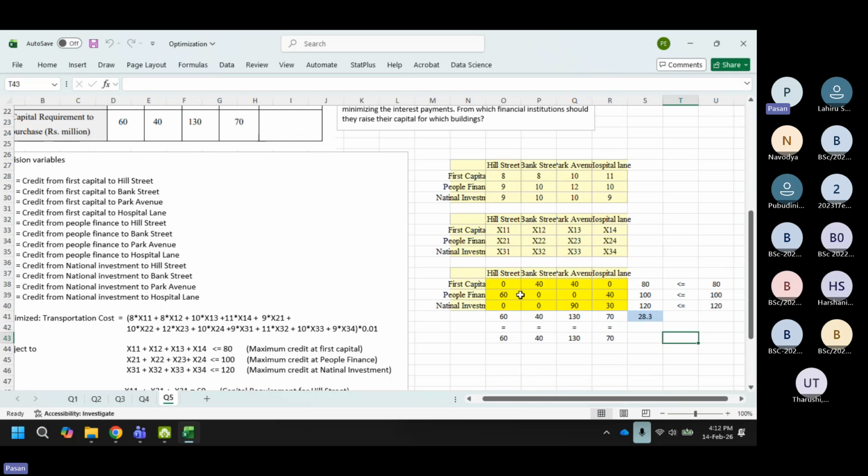So based on that, we are using these rates 9 and 8, and then 10 and 10, right? And then 10 and 9. So those are the minimum rates that we have, right? So that's the idea of how we can solve it.